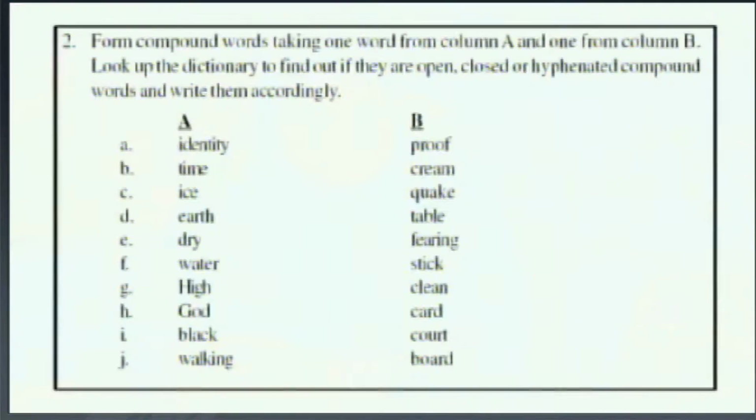See the example here. Identity card, what kind of compound word is it? Open, closed or hyphenated? Timetable, what kind of compound word is it? This is your homework to find out.